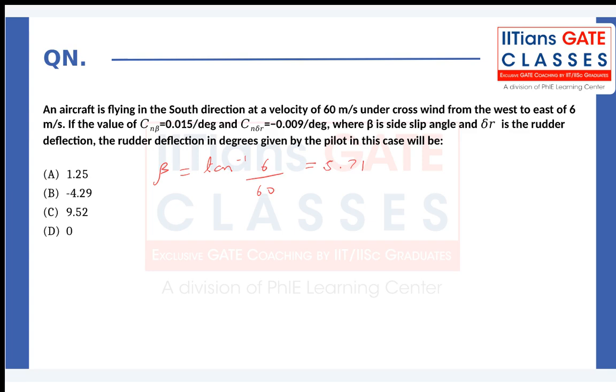You have Cn beta into beta plus Cn delta R into delta R equals 0. And from there, your delta R you will get as 9.5, right? You need to make sure that your units are matching. All units are in degrees and per degree, so you don't have to do much. So it's just 9.516, 9.52. Correct. All right.